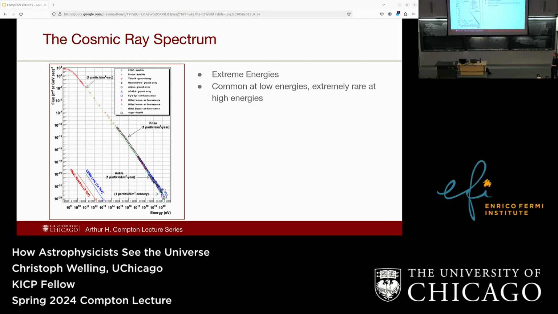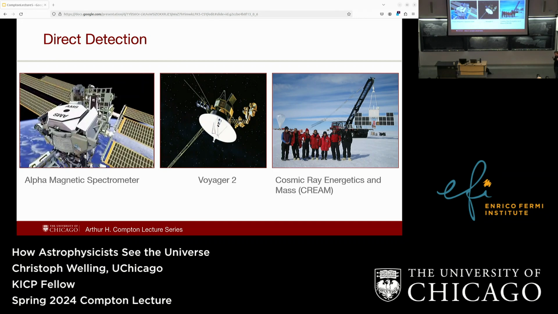Now, because at the lower energies they are so common, you can do what Victor Hess more or less did. You can just put a particle detector in space if you want to detect them. There's, for example, the Alpha Magnetic Spectrometer on the outside of the International Space Station, which is basically a particle detector looking at whatever is coming in.